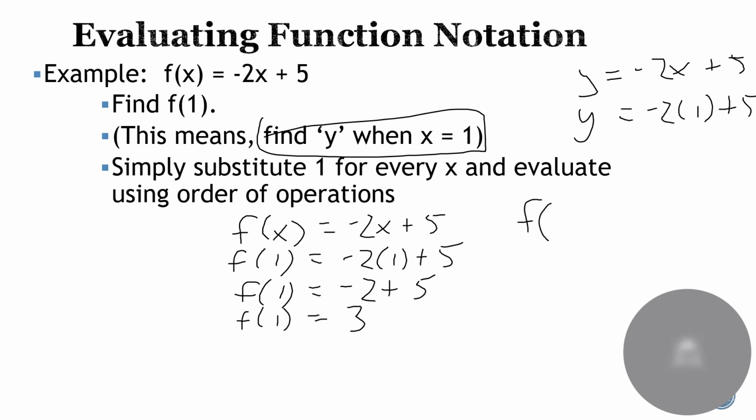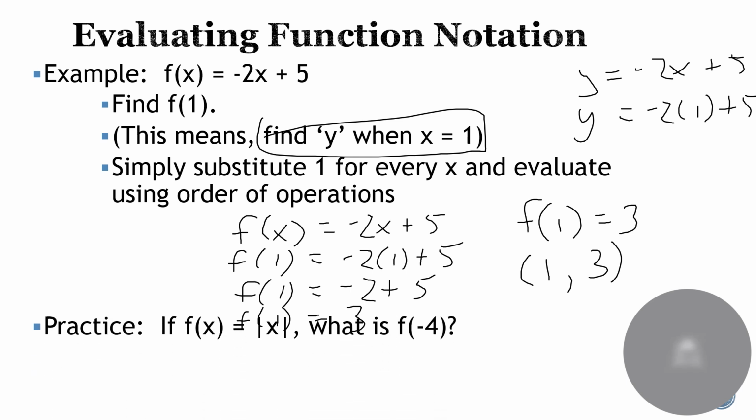So your final answer would be f of 1 is equal to 3. What that means is that when x is equal to 1, the y value that goes with it is 3, or the point (1, 3) is on your graph, which is a little bit more helpful than just saying y is equal to 3.